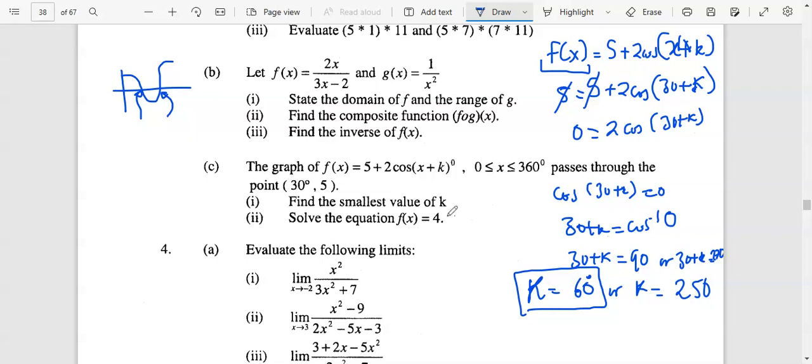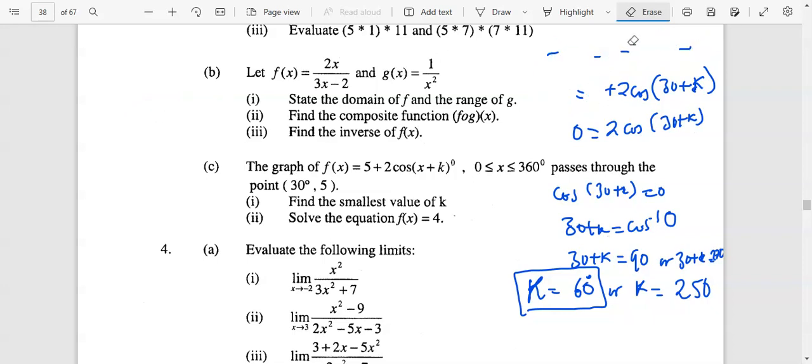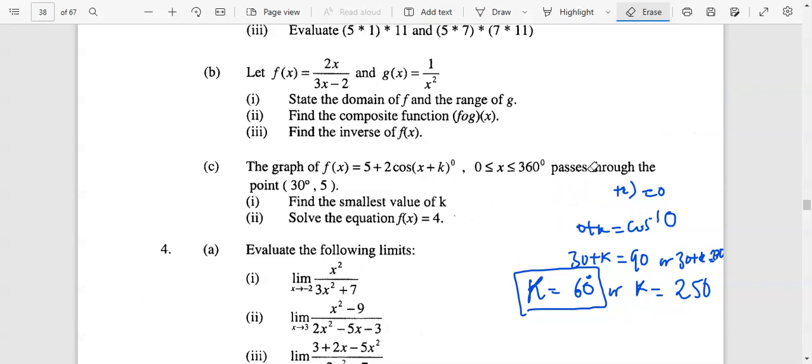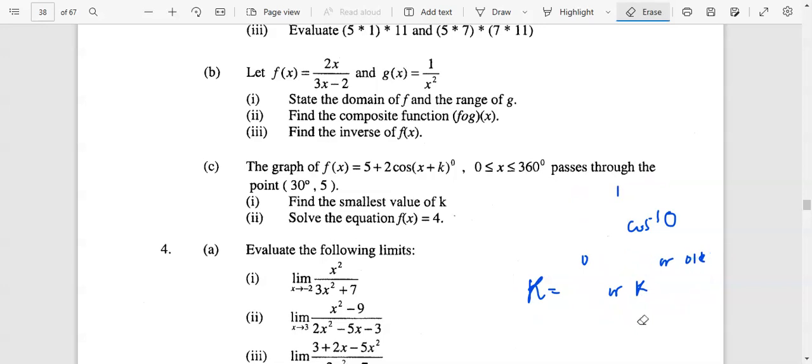Solve the equation f of x is equal to 4. Take note of the value for k because you need it. So f of x is equal to 4, meaning that where there is f of x, we're going to put 4.